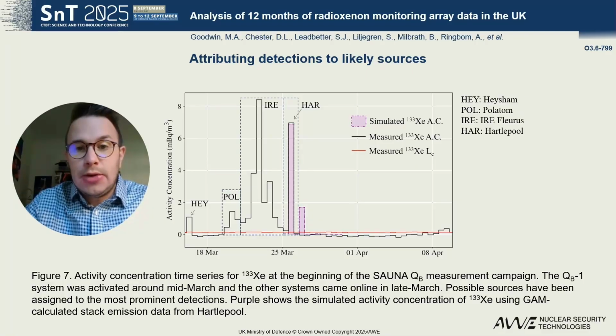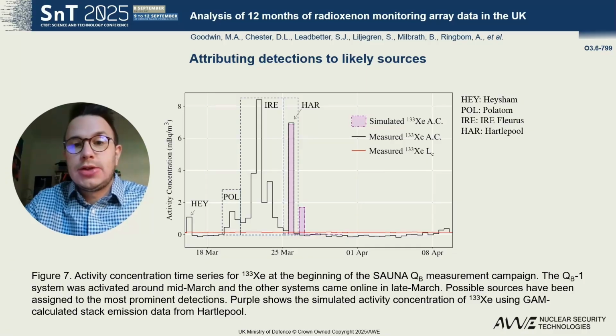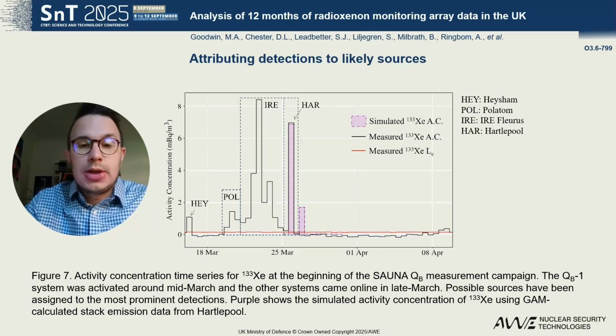But in this period, in what seems like one broad plume of detections, we were able to attribute a number of different sources. And one of those was Hartlepool. There was a detection of around 7 millibecquerel per meter cubed of xenon-133, and it was only seen on one system.